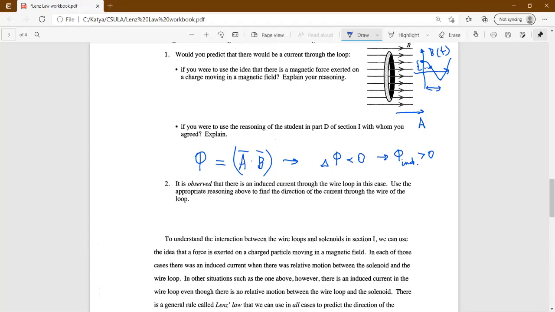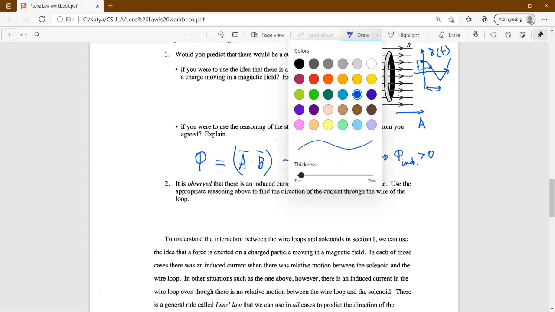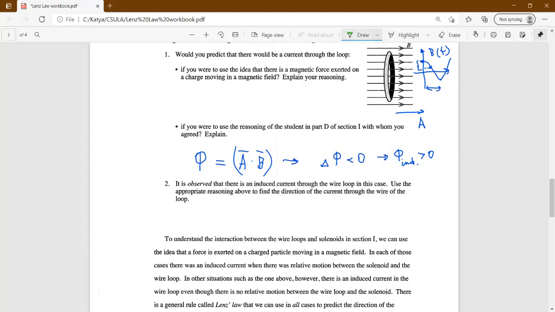We don't know how the current is going to look, but we can predict the B vector, right? Because we're supposed to create it positive. Positive means that area and B are going to be in the same direction. So I'm going to draw this. This is going to be B induced, same direction as area, just to compensate for the change, right?